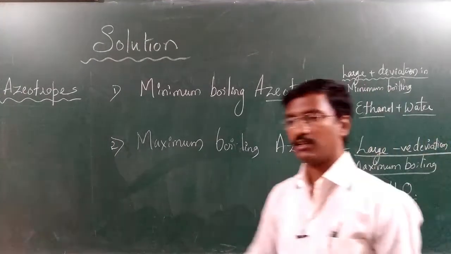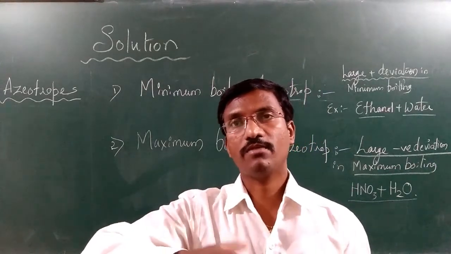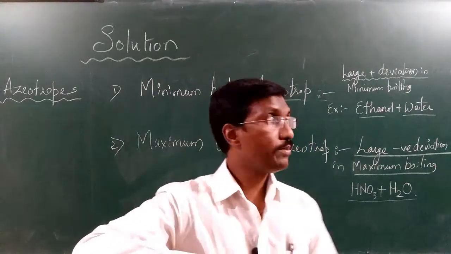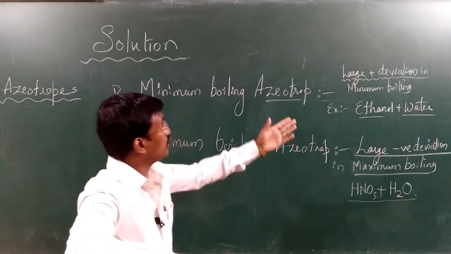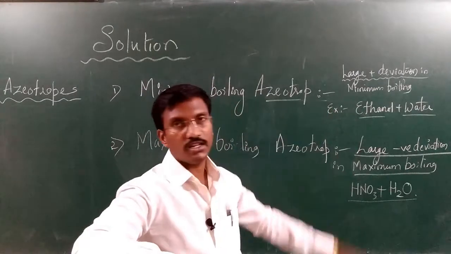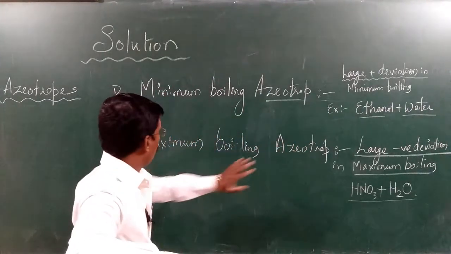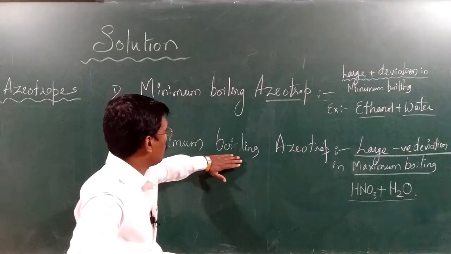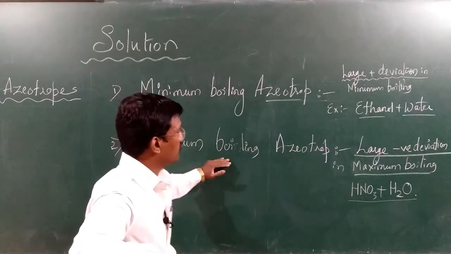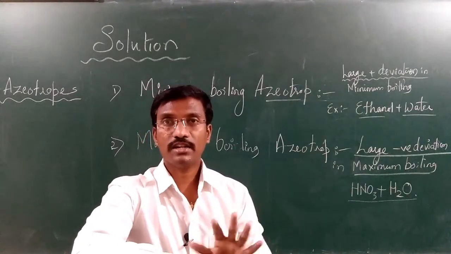So some solutions undergo negative deviation, and some undergo positive deviation. To get a positive deviation, we need a minimum boiling azeotrope. To get a negative deviation, we have to boil the compound at the maximum temperature so that we get the larger negative deviation.